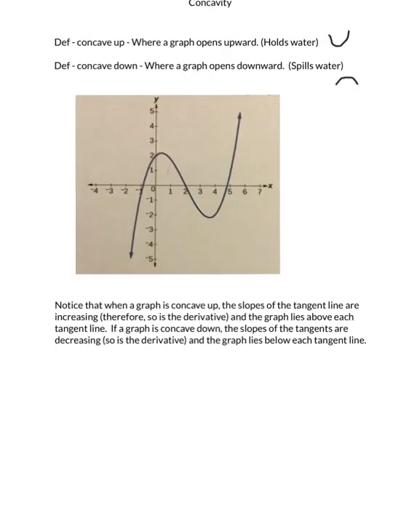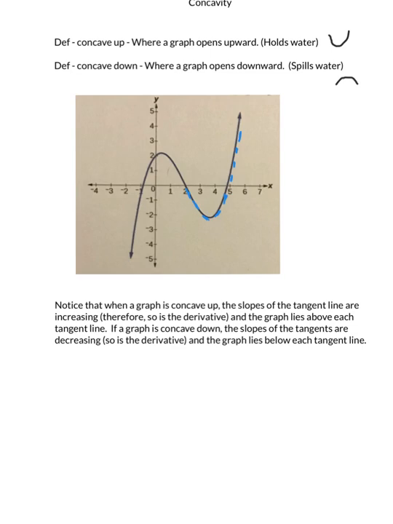In looking at the graph given above, the area where the graph is concave up starts about here. And if you were to draw a whole series of tangent lines where this graph is concave up, you can see that the slopes of the tangent lines would be increasing, because where it started being concave up, the tangents are negative.